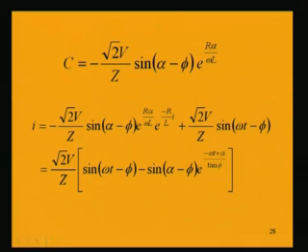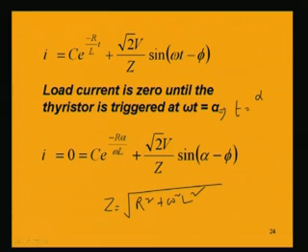So, e to the power minus R by L t plus the other term, which is the steady state component.